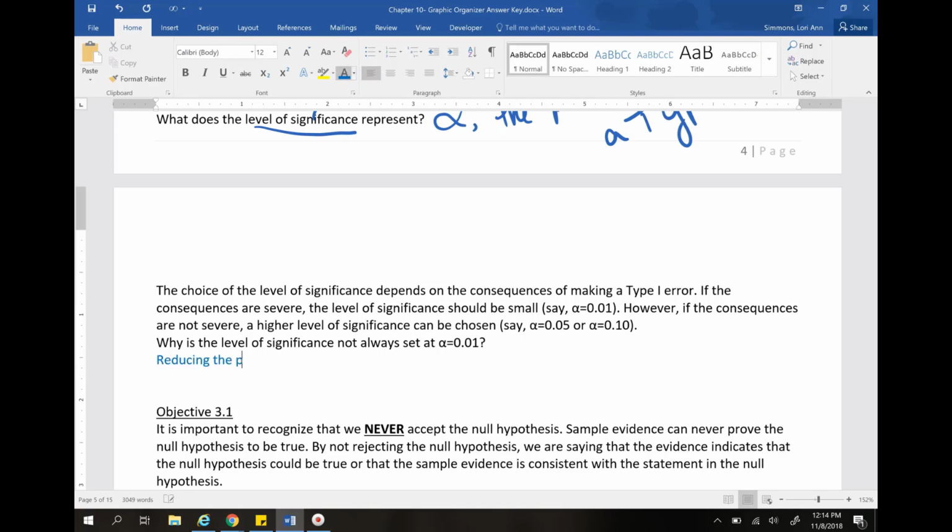Reducing the probability of making a type 1 error increases the probability of making a type 2 error, which is beta.